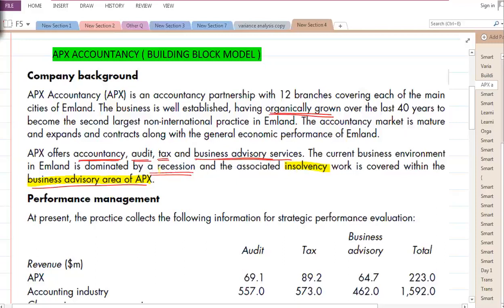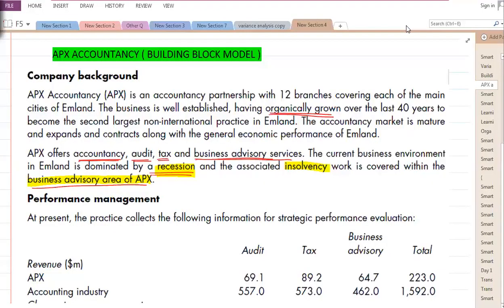Don't you think that when we'll have recession, we'll have more cases of insolvency? And if we'll have more cases of insolvency, then it means that this particular service, the business advisory service, will be performing better as compared to the other services. Do you guys agree with it? What do you think?